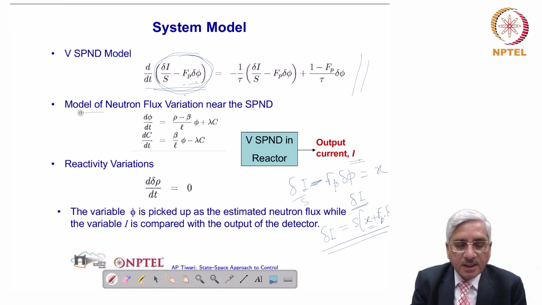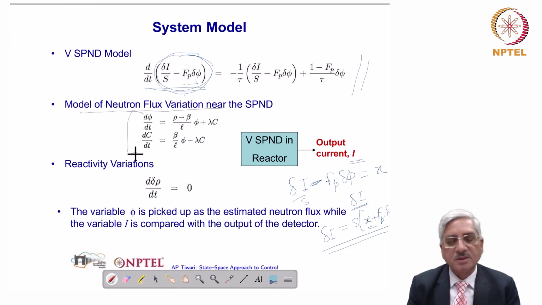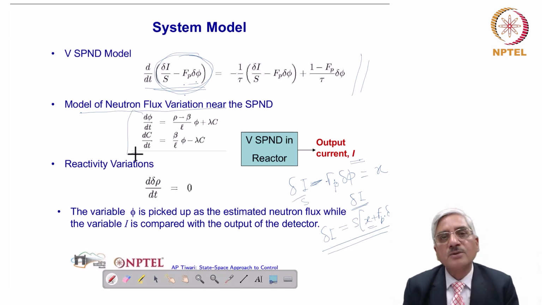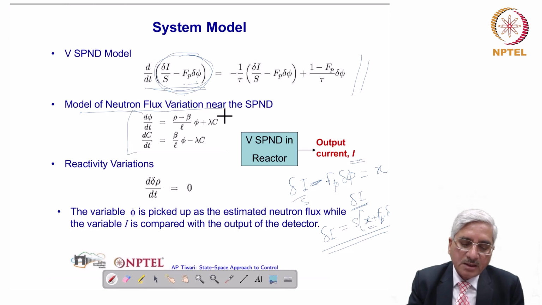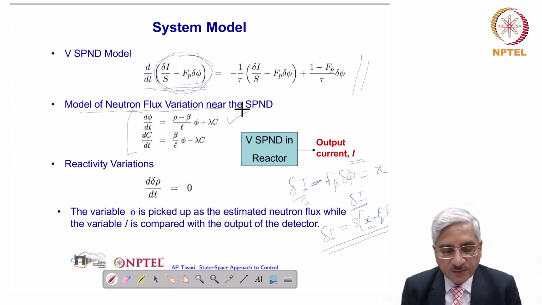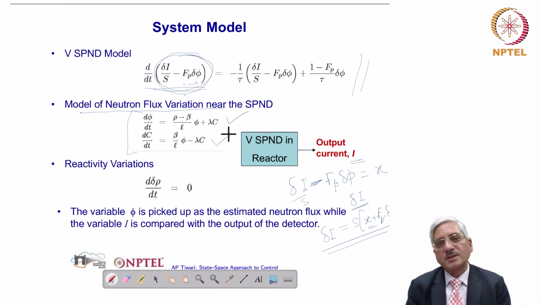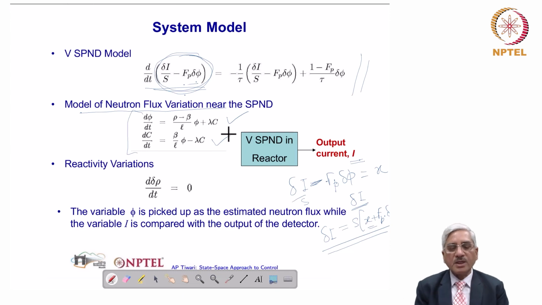We have the reactor model given by these two equations. They should look familiar to you, having attended the lectures on the case study of the nuclear reactor. This is the variation of neutron density with time. Of course here the symbol is phi, there it was eta. And this is the variation of delayed neutron precursor concentration. To keep things simple, we have not considered here the dynamics of the control rod or of the linear amplifier.